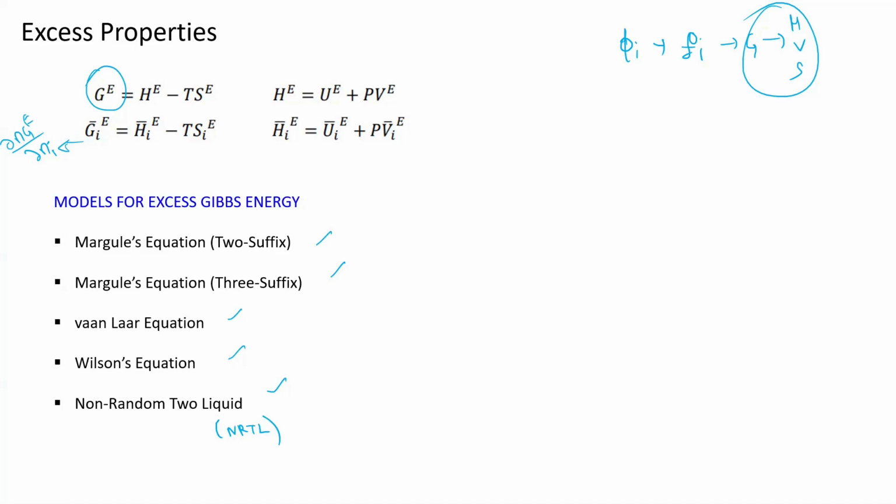We are trying to express different properties like the Gibbs energy, the entropy, which is completely dependent on the molecule orientations, shapes and sizes, and the internal energy, the enthalpy, and the volume also. So volume also depends completely on the forces between the molecules, right?